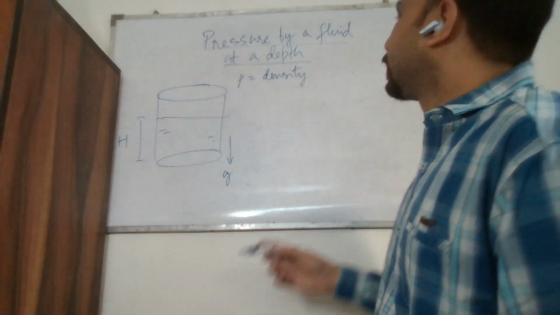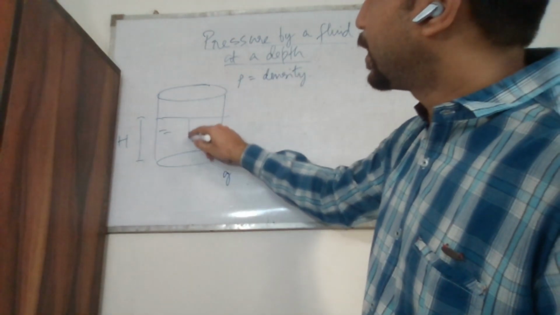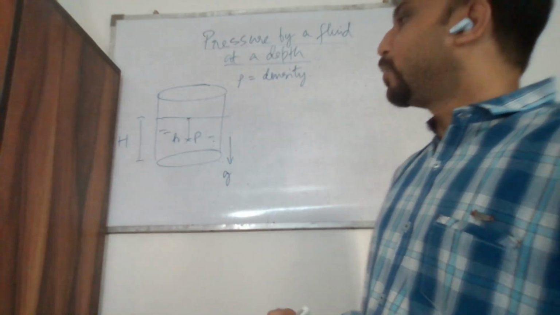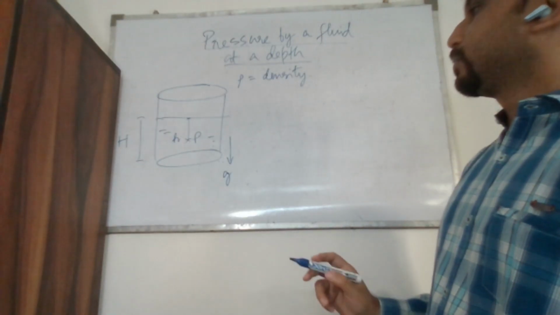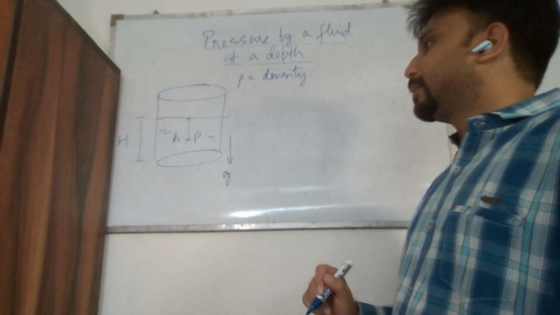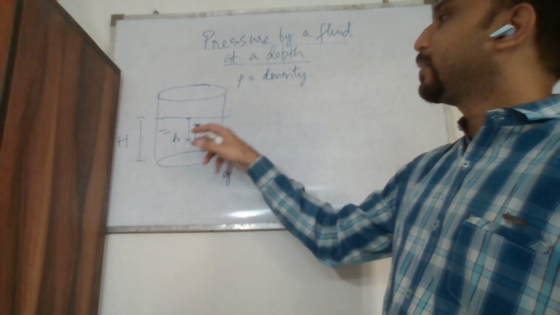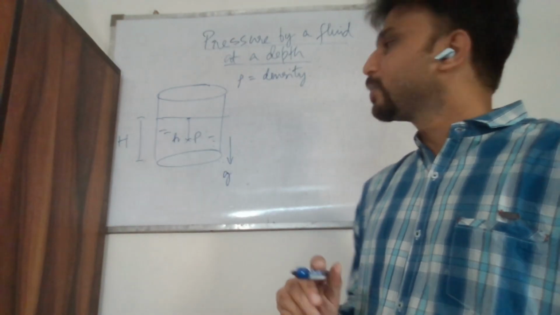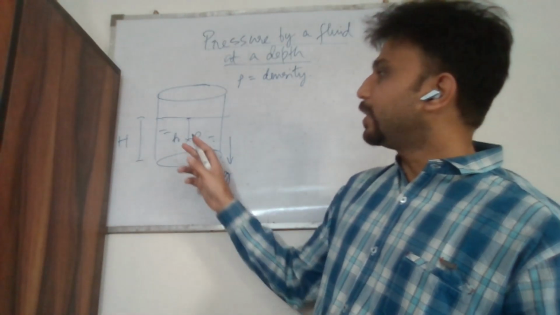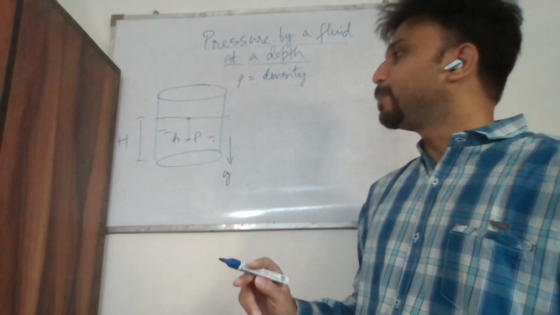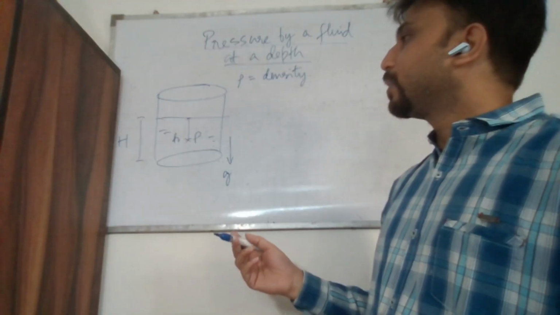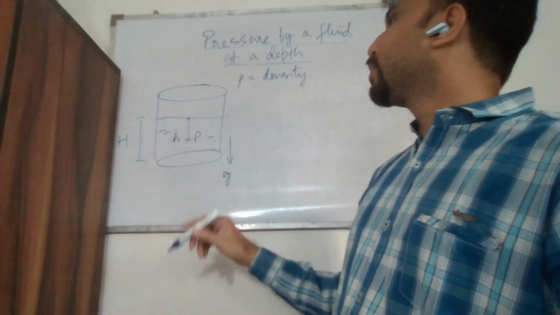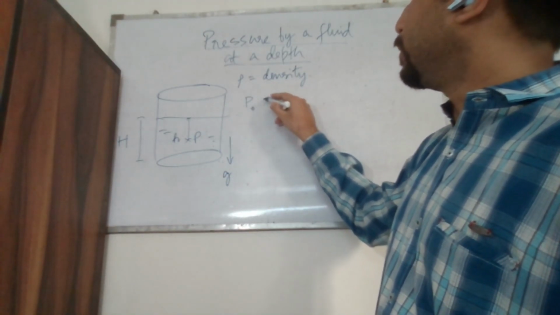Now we are going to also take a point P at a depth small h. We have to find the pressure at point P. As such, the pressure at point P is simply guided by the atmospheric pressure. The atmospheric pressure is represented by P naught.